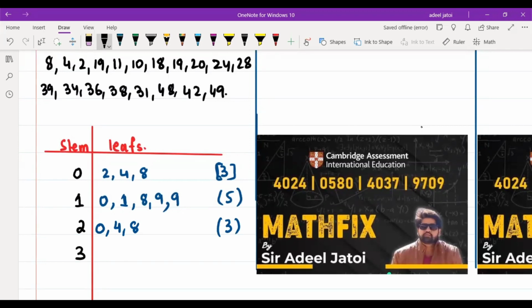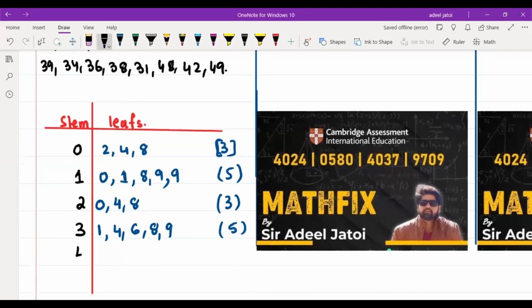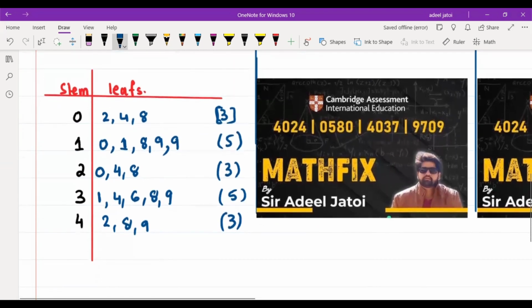So 3 will be your stem, and there should be 1, 4, 6, 8, and 9. So 5 numbers will be there. Similarly, we have numbers in the 40s as well. So for the 40s, it will be 2, 8, 9, which means your frequency is 3.